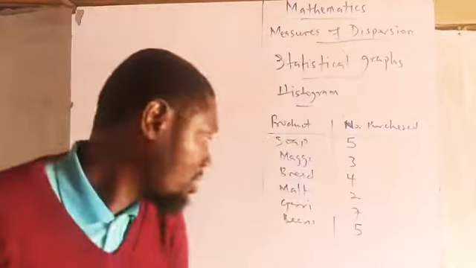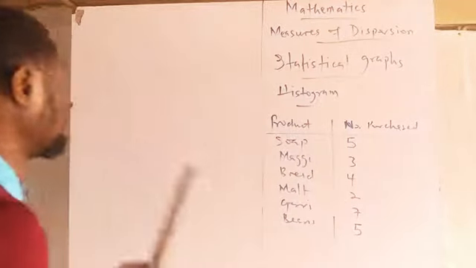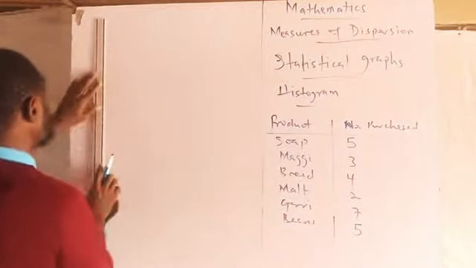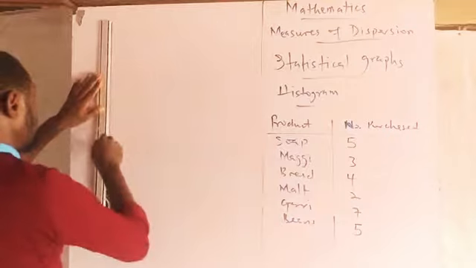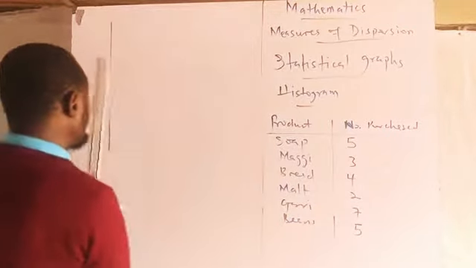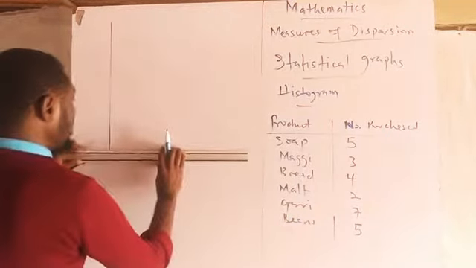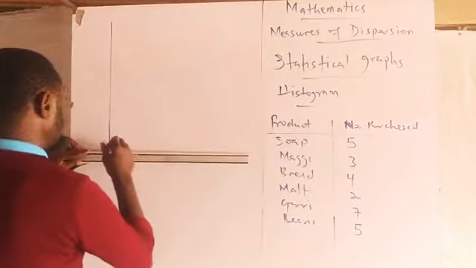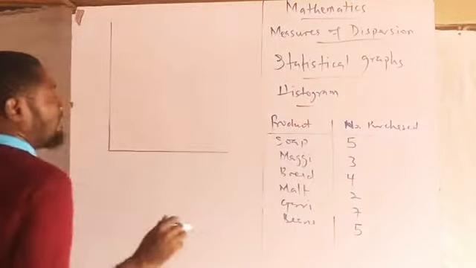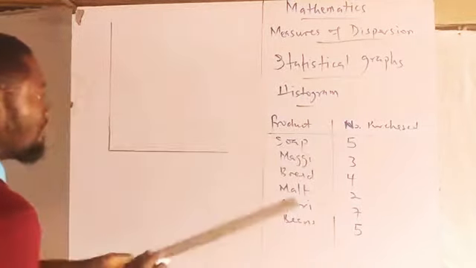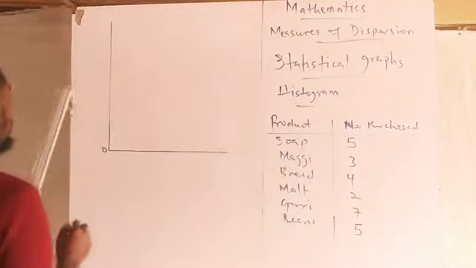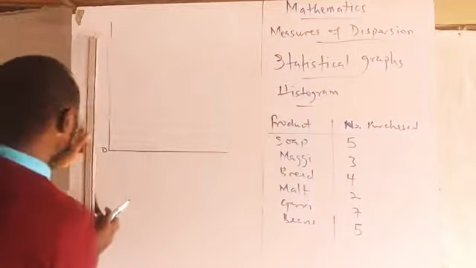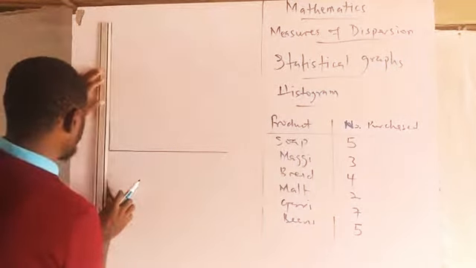The histogram. So the first thing you do is draw your vertical line as usual. Draw the horizontal line quickly. That is it. Then the frequency is 1 to 7. Start from this. I said this is also measured properly, so let me do that for you to see.